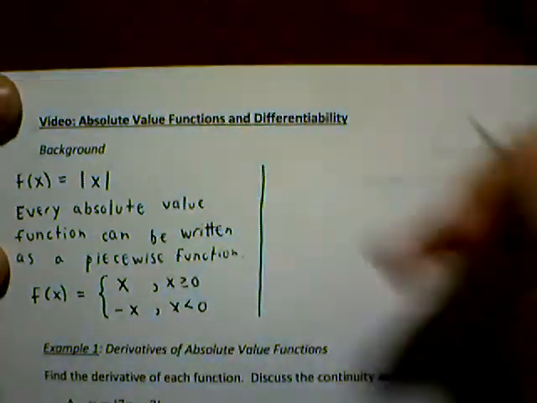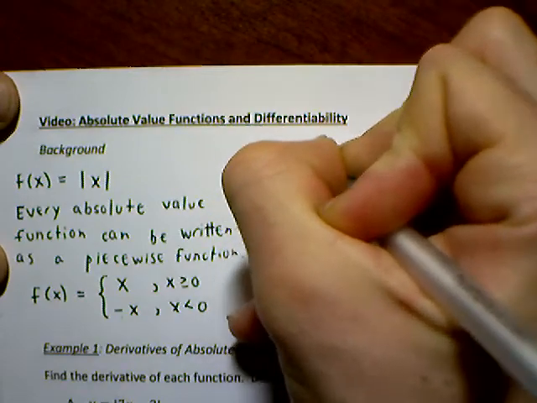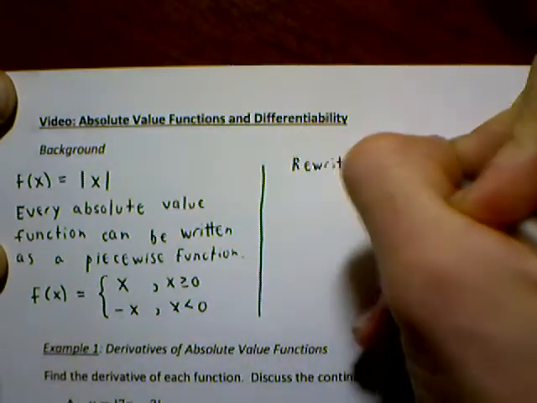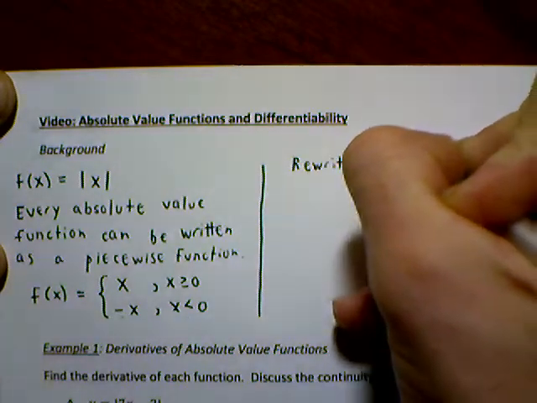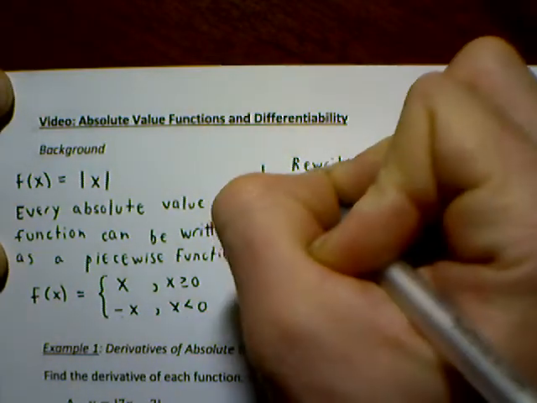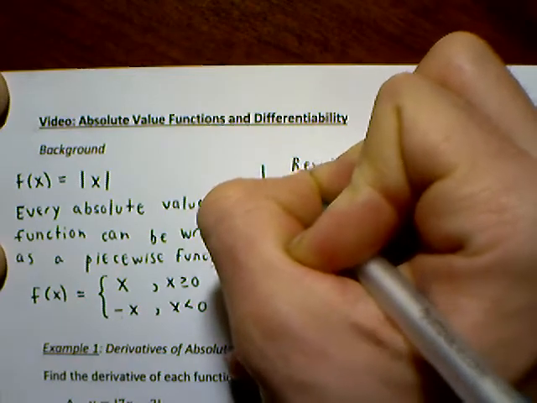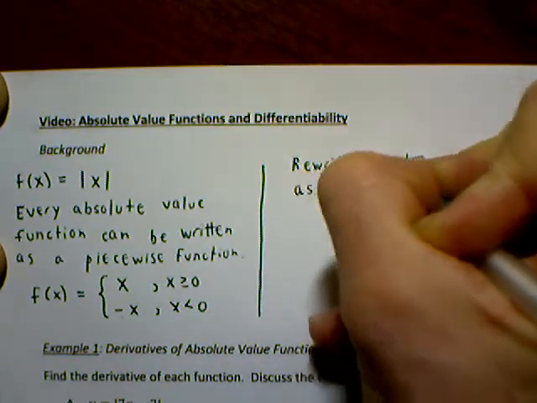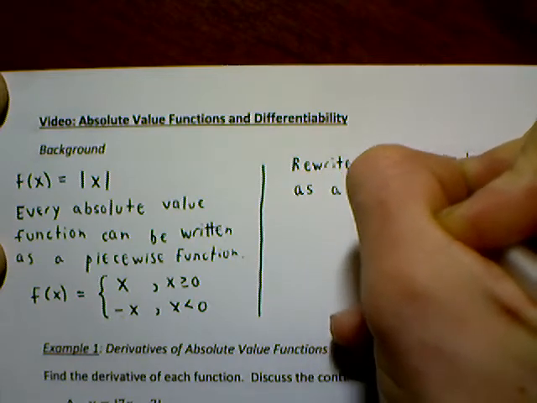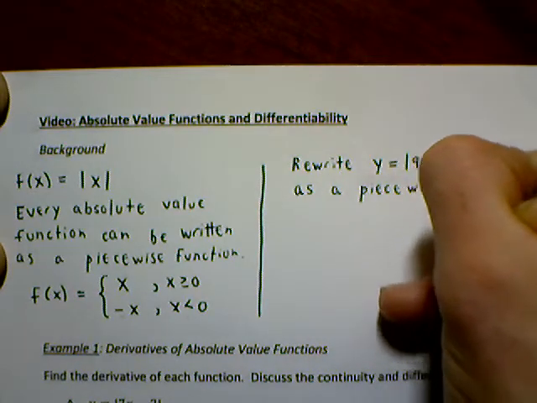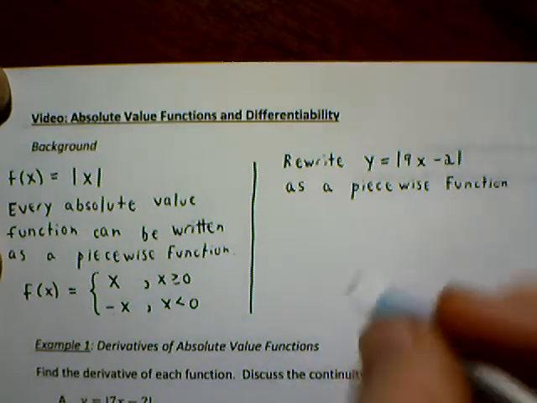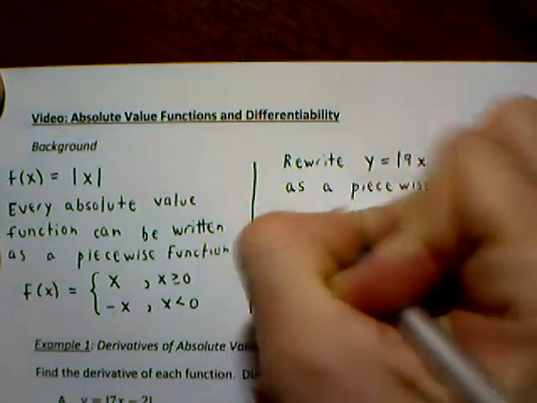So for example, let's rewrite y equals the absolute value of 9x minus 2 as a piecewise function. First thing we need to do is break up our function.